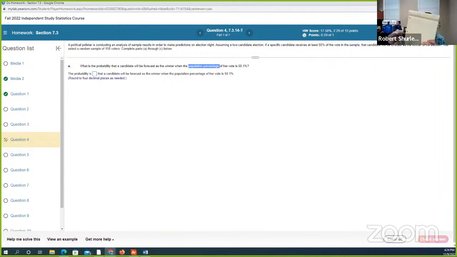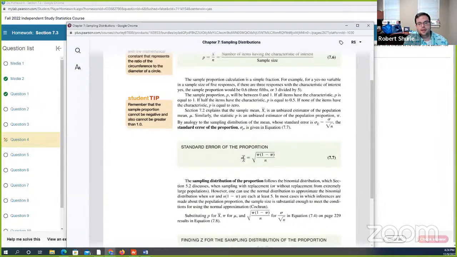So what we actually have to do is find out the standard error of the population. If you go to your book, the formula is in the book, and you have to do this by hand. The standard error is the square root of our population proportion times 1 minus our population proportion, all over our n.